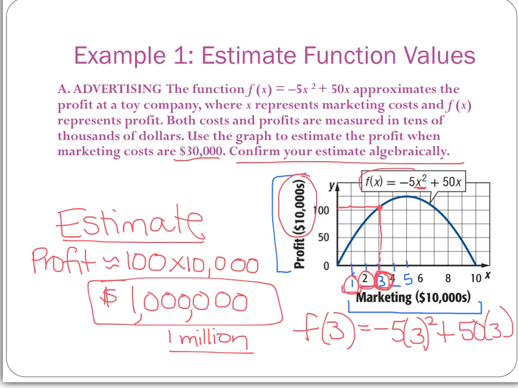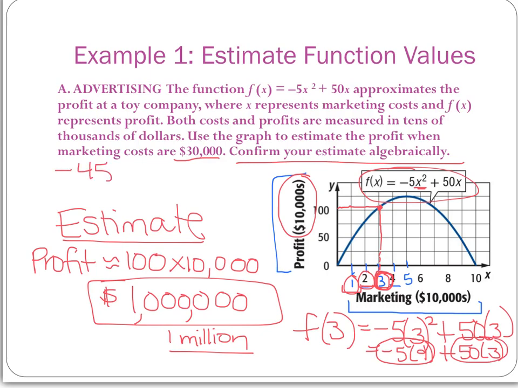Evaluating the function at the x value of 3, I get negative 5 times 9 plus 50 times 3. Further evaluating this, I get negative 45 plus 150.